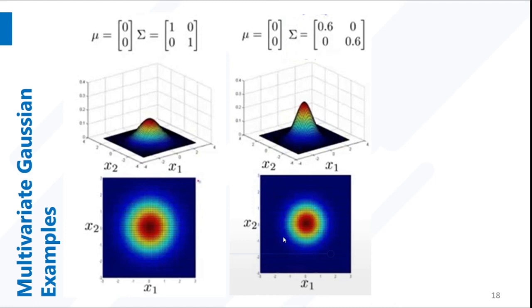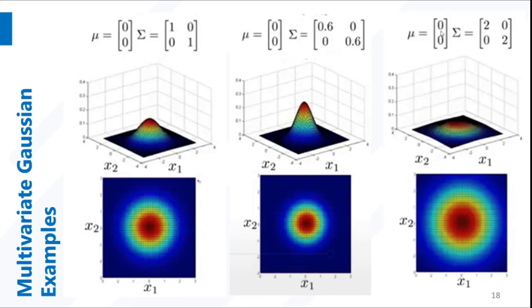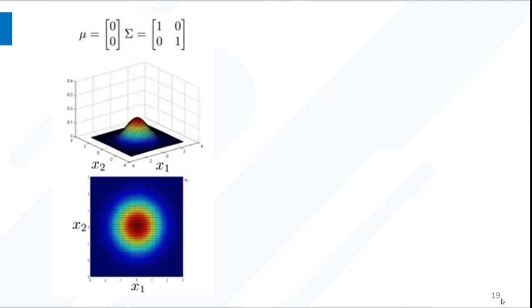If you see the contour, the circular radius becomes lower. The opposite case is if the sigma value is 2, 2, that means it is increased with respect to 1, then it is flatter, and the circle radius becomes wider.